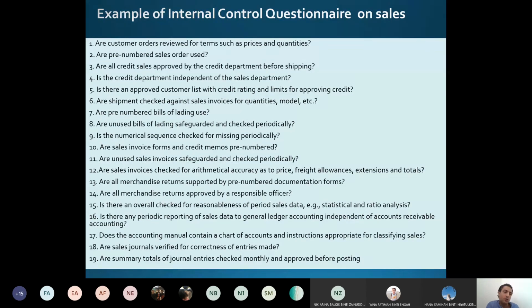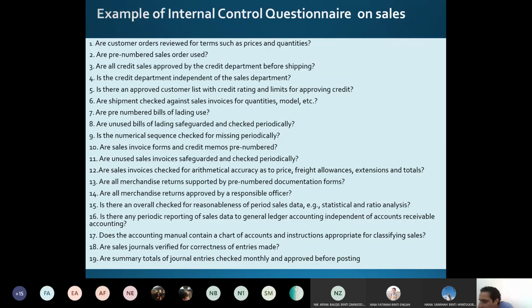Normally, if they use pre-numbered documents, they will keep them in one file for auditing purposes. So it is a kind of control over the sales department. We stop the staff from playing around with the quantity and price of the sales order. Okay, number 3.